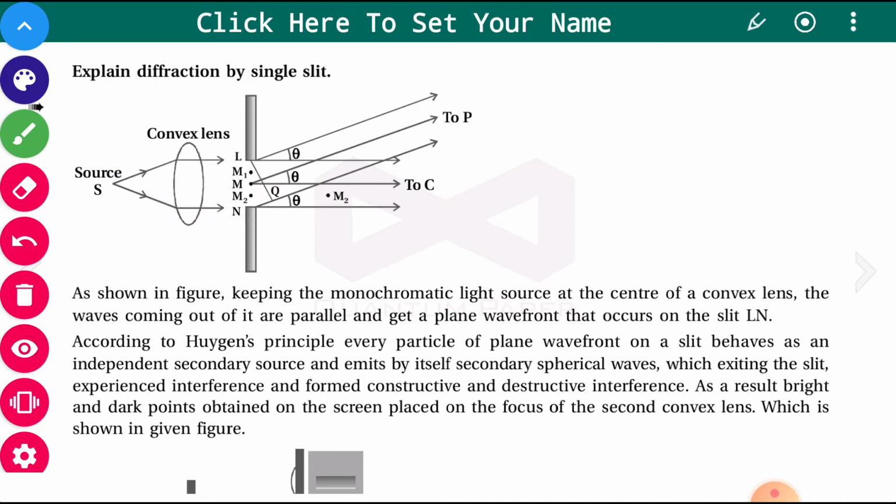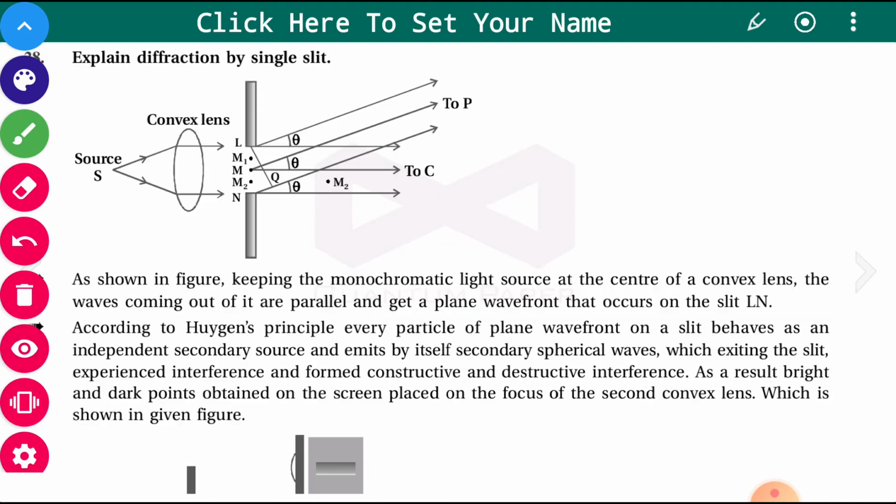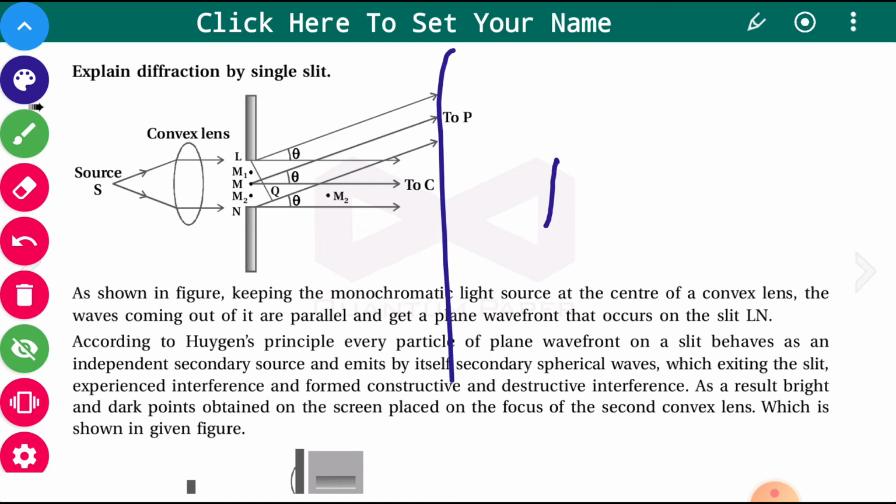Now according to Huygens principle, every particle on the plane wavefront on the slit behaves as an independent secondary source and emits by itself secondary spherical waves. So the rays will come out from the different points on the slit. As a result, bright and dark points are obtained on the screen. If you keep the screen here somewhere, then on the screen you will have bright and dark points.